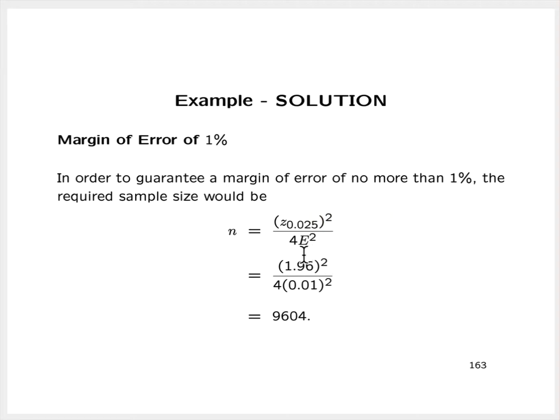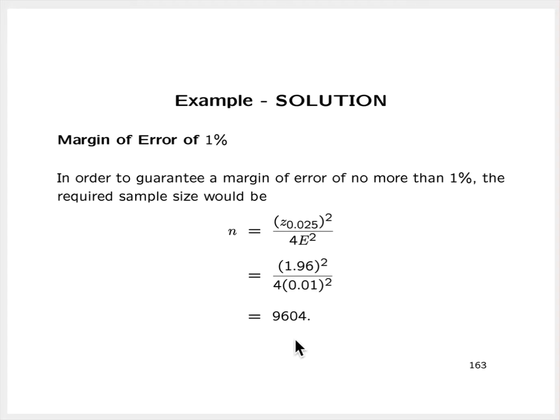The value of E is 0.01. Remember, E is the required upper limit on the allowable margin of error that we want. So we want that to be no more than 0.01. So E is 0.01. And again, we have to square that, so be careful to do that. And so if we plug in those values and evaluate it, we get a sample size of 9,604.